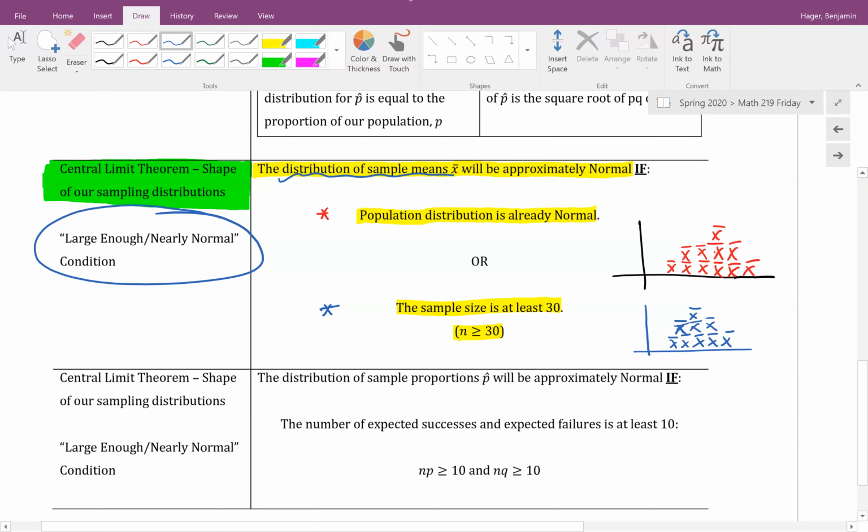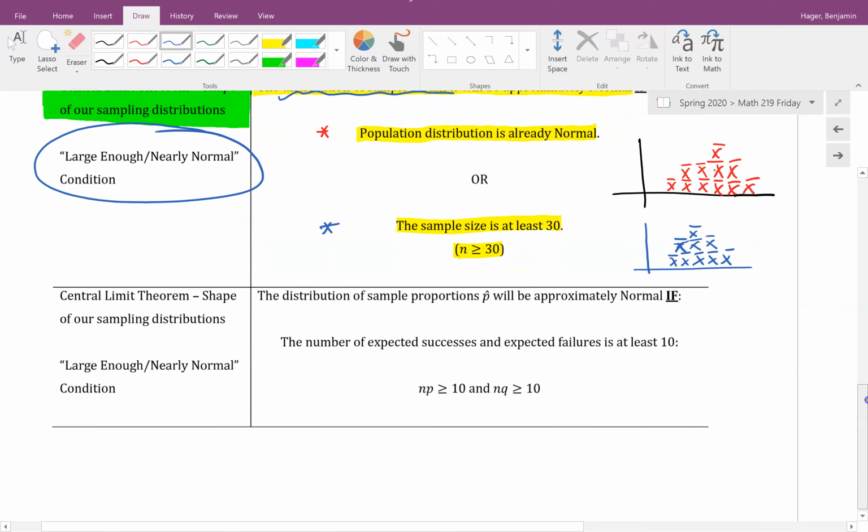The same thing is true for proportions. The central limit theorem tells us that the same thing works on proportions: your sample proportions, all those p hats, will be normal if the number of expected successes and fails is at least 10. Each of those has to be 10.